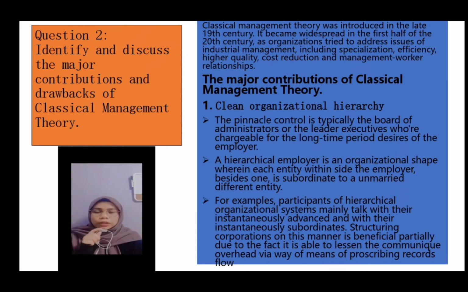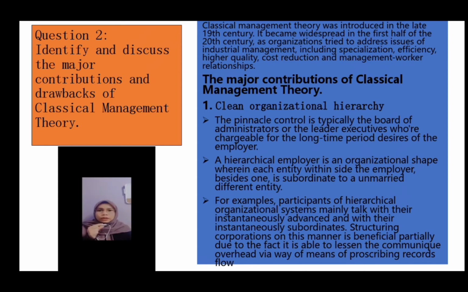First is clear organizational hierarchy. The pinnacle of control is typically the board of administrators or the chief executive. A hierarchical organization is an organizational shape wherein each entity inside the organization, besides one, is subordinate to a single other entity.